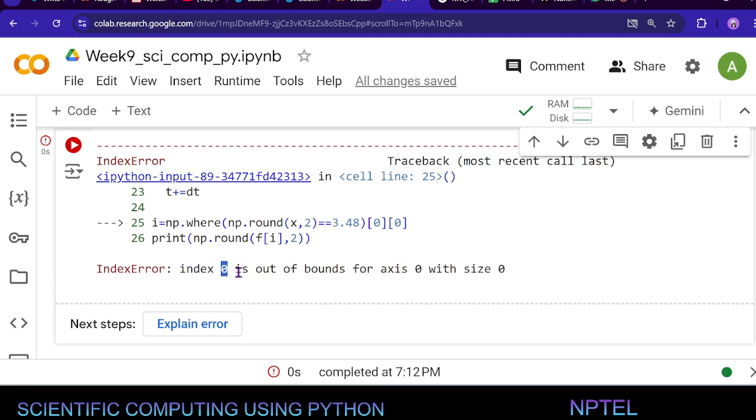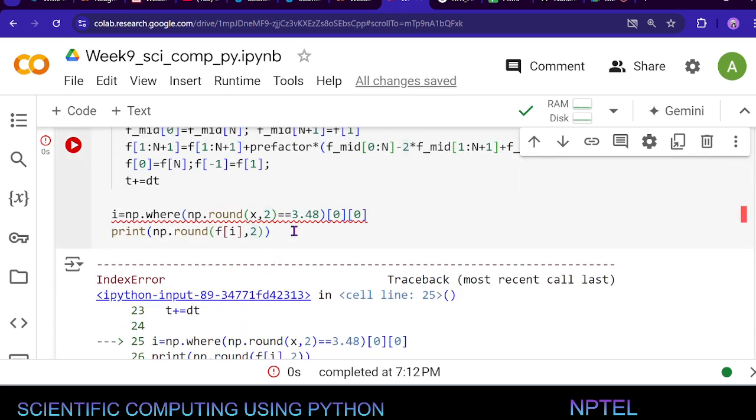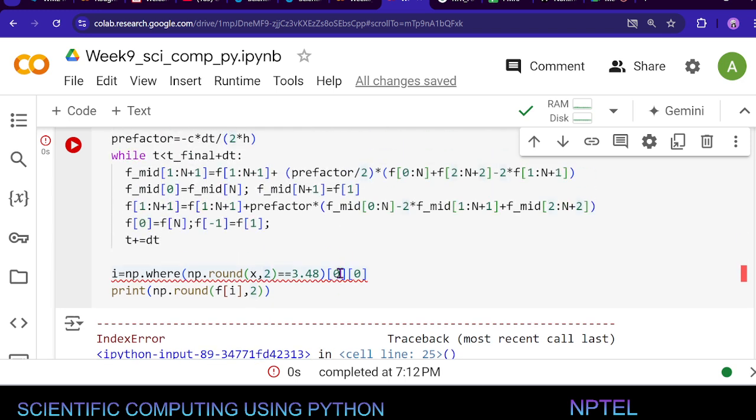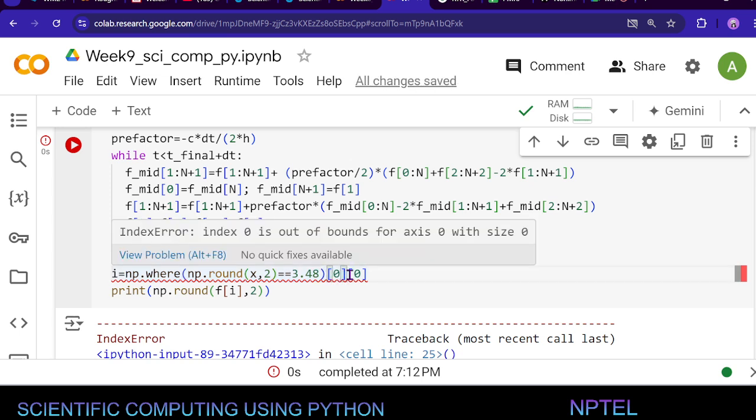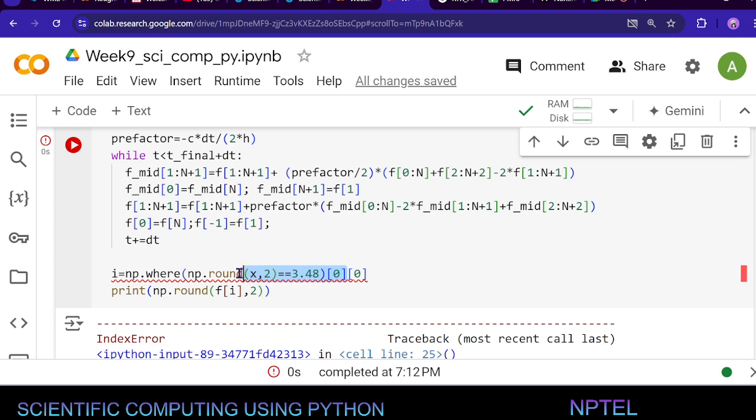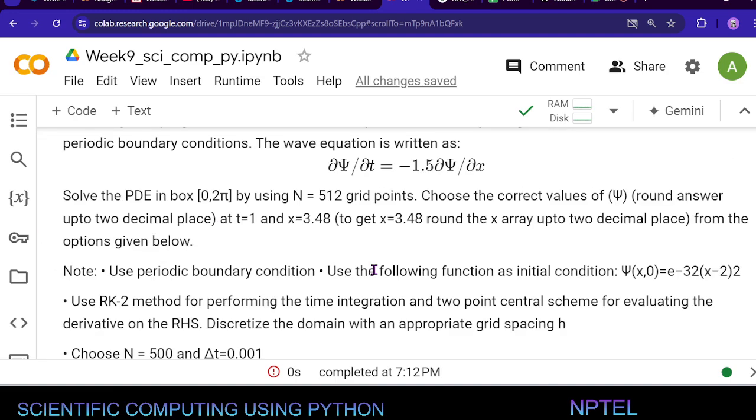So index 0 is not there, right? And we are calling index 0. So either this thing does not have any element, which we know can't be true because it's a tuple. So it can have an empty array, which is what is there because this array is empty. So it does not have a first element. This means that we did something wrong.